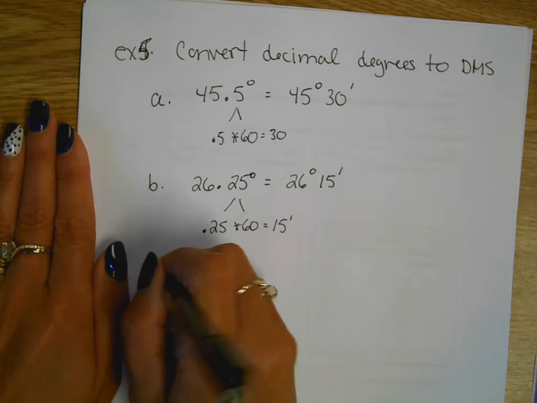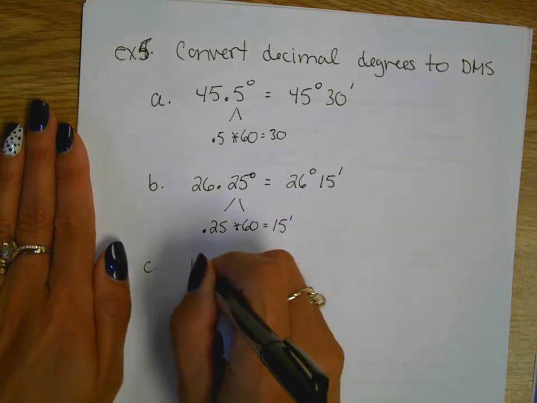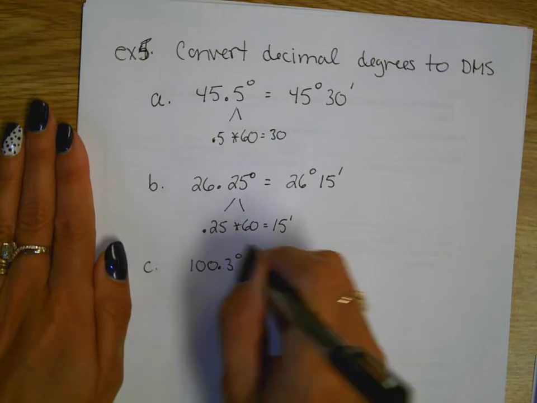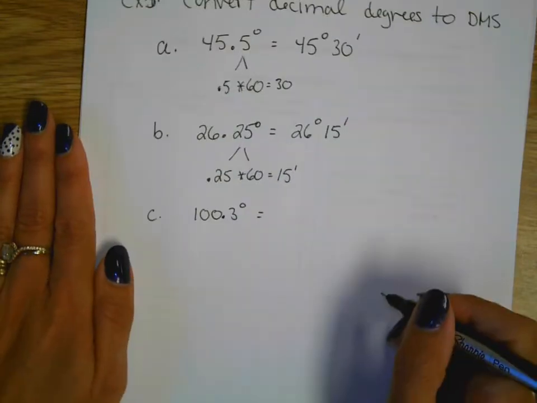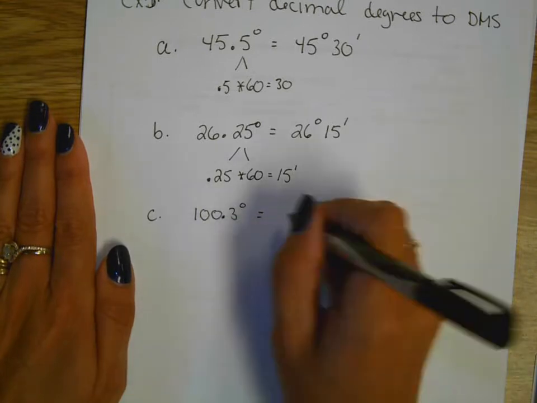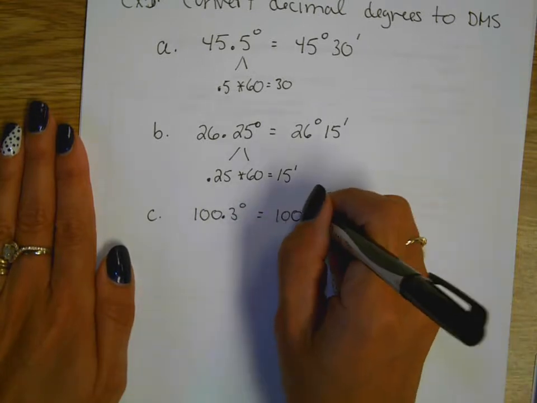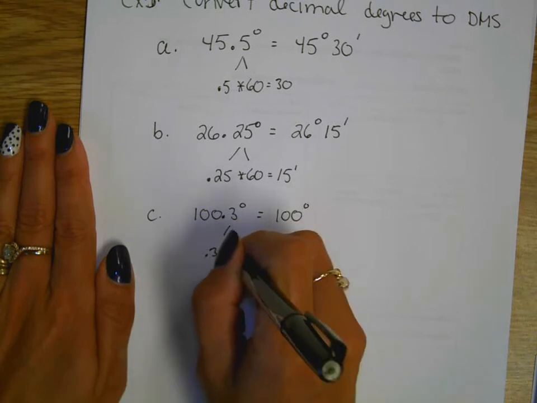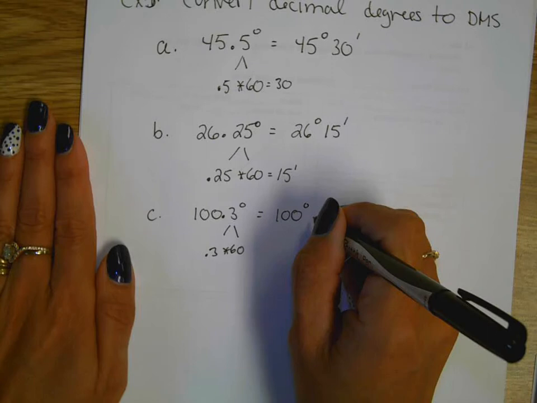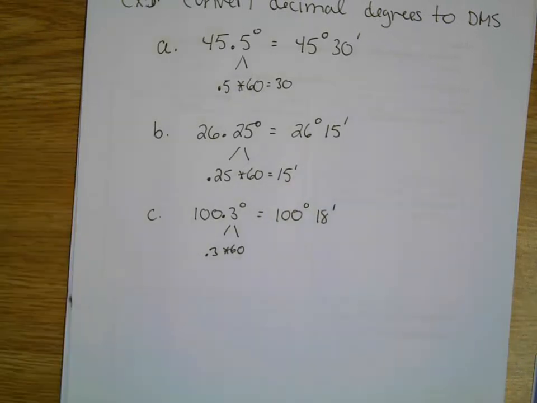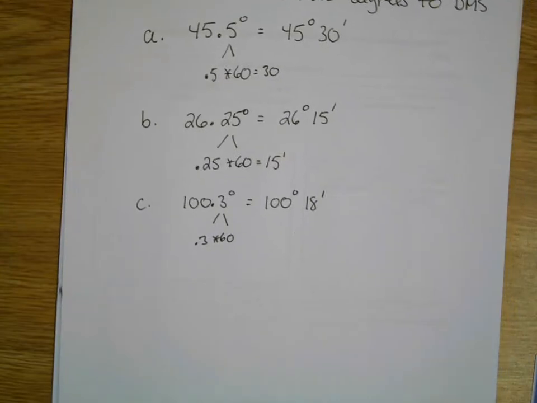And we'll try one more. 100.3 degrees. So again, you've got your 100, and then whatever 0.3 times 60 would be. 18. So there's by hand, simple enough.